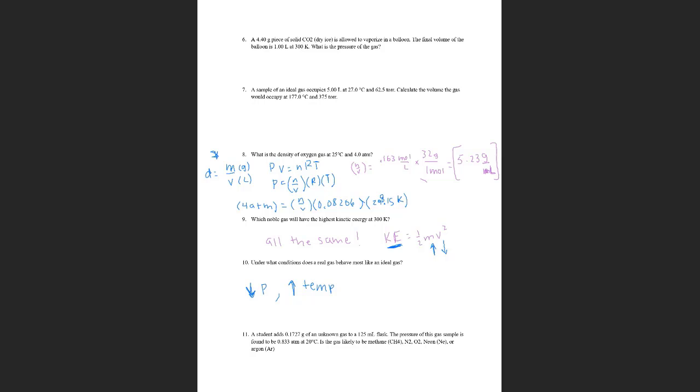Same with temperature. As you increase temperature, your molecules are moving really fast, and that also reduces the intermolecular forces to the point where it's mostly negligible. So low pressure and high temperature.